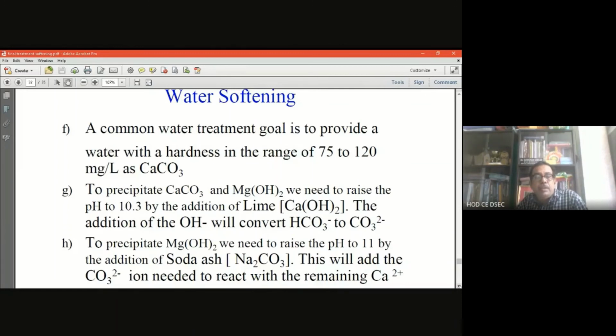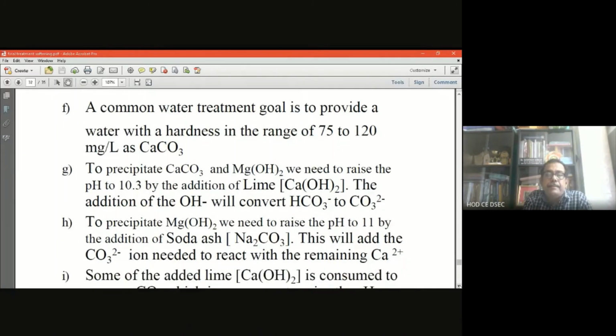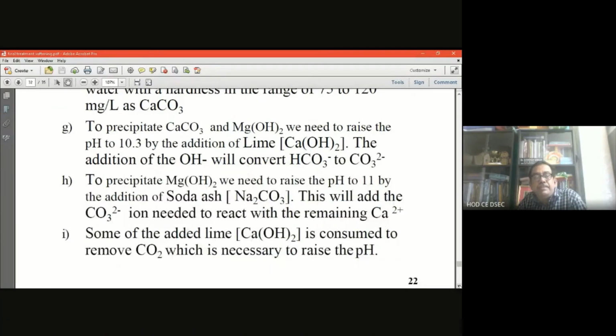The addition of hydroxide converts bicarbonate to carbonate. Similarly, to precipitate magnesium hydroxide we need to raise the pH to 11 by addition of soda ash, because this adds the carbonate ion needed to react with the remaining Ca2+.